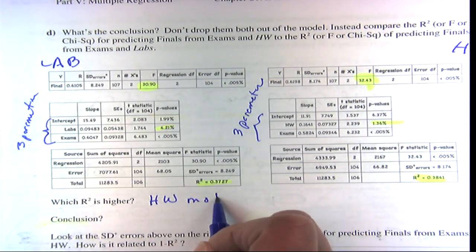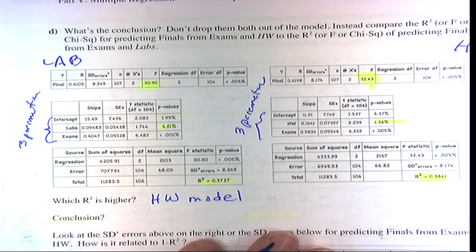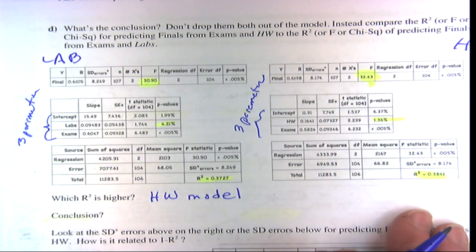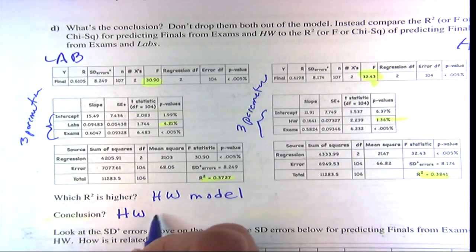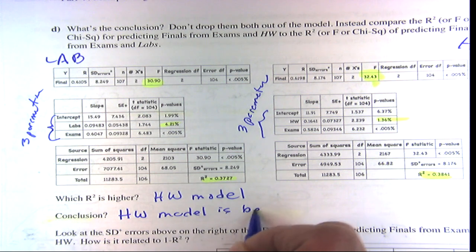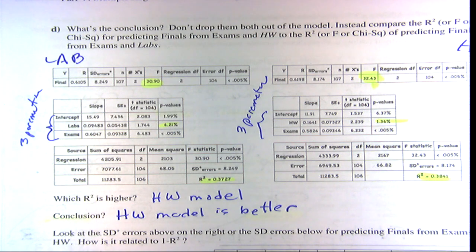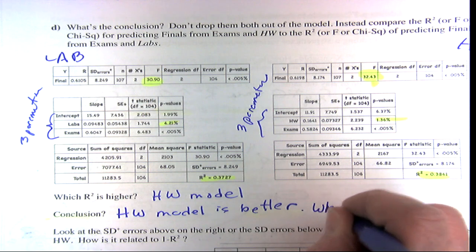And what is our conclusion? Our conclusion is if you're comparing two models with the same number of parameters, then the higher R squared is going to mean the better model, and it's going to agree with all the other statistics. So the homework model is better.